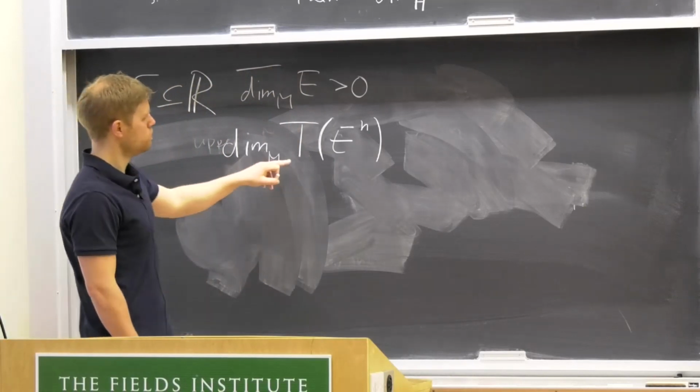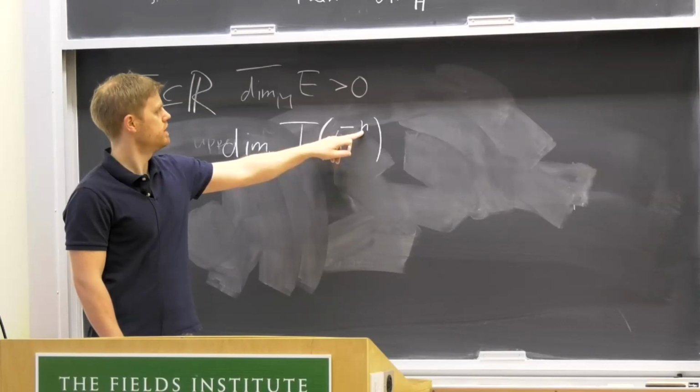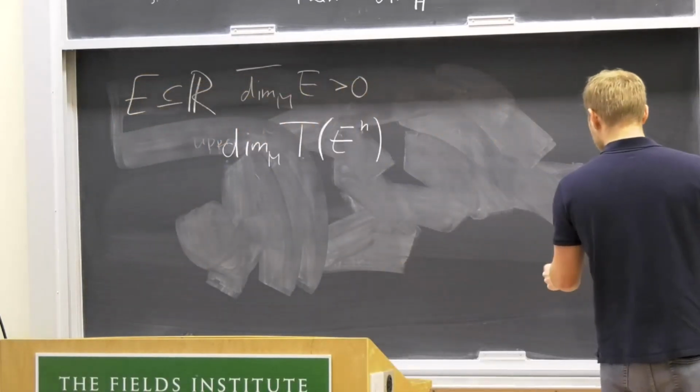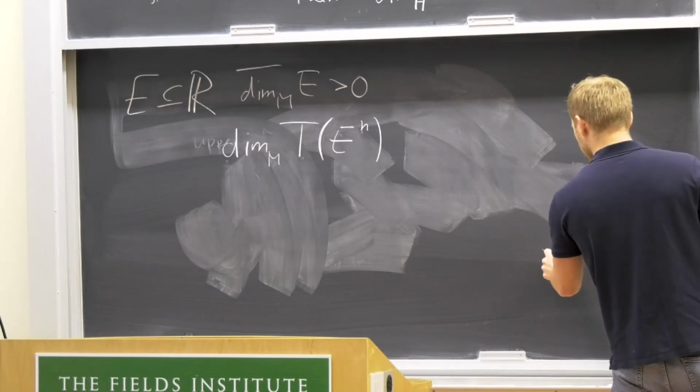Really what we want to do is find an N and a map T such that the dimension of this one here is at least, as close as you want to 1, at least 1/2.